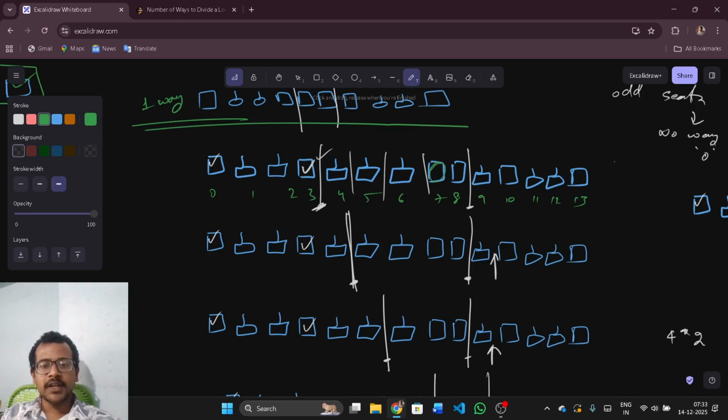Now the seat is here and then here, right? The first seat, the second seat and the third seat. The number of plants between the third seat and the second seat is the number of ways we multiply.